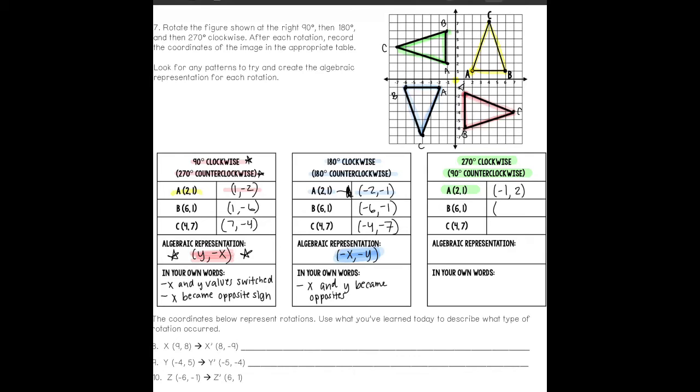My new B, I guess you could probably figure this out just by looking at where A was, but that's going to be -1, +6. And C was at -7, +4. So, in our own words, what's happening? Well, we switched X and Y again, so X and Y switch. Okay. And then this time, the Y values become opposite.